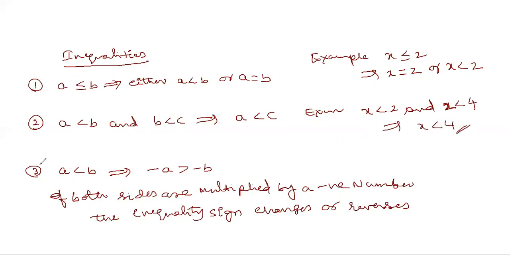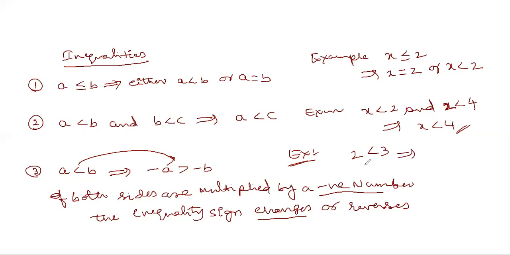Now the third case. When A is less than B, if both sides are multiplied by a negative number, the inequality sign changes. Previously A is less than B. If you multiply with minus, the inequality changes. Previously it was less than, now it is greater than. Let us take an example. Let us suppose 2 is less than 3.